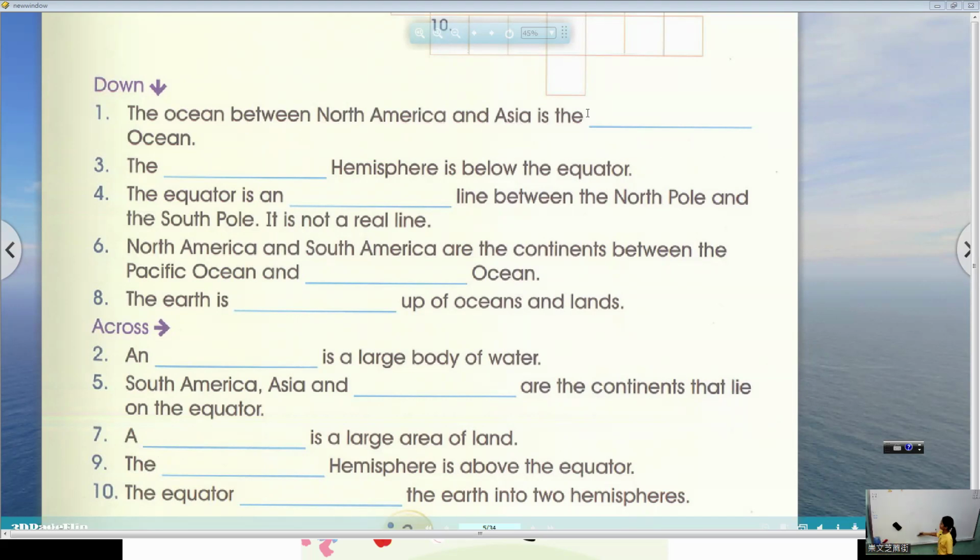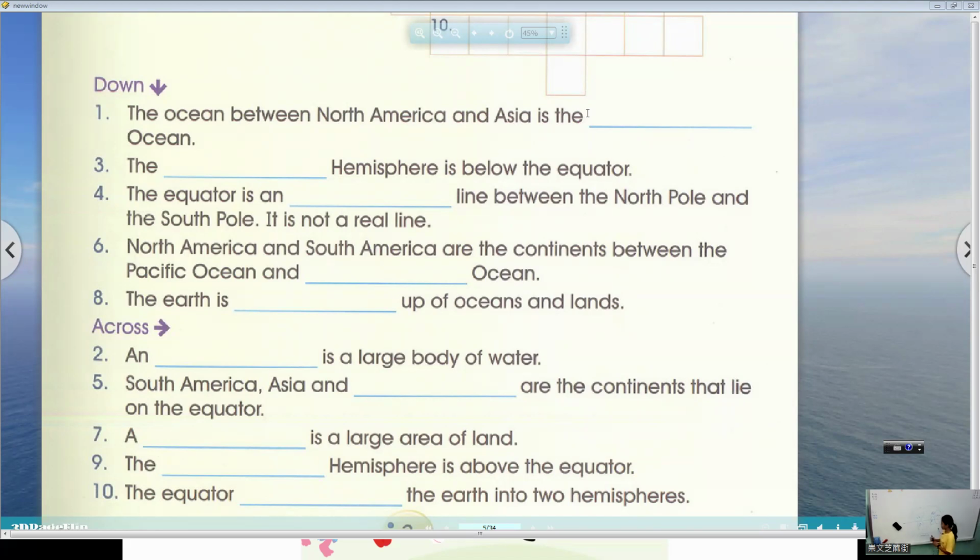Are you sure? This is North America. This is South America. This is Europe. This is Africa. This is Asia. This is Australia. This is Antarctica.